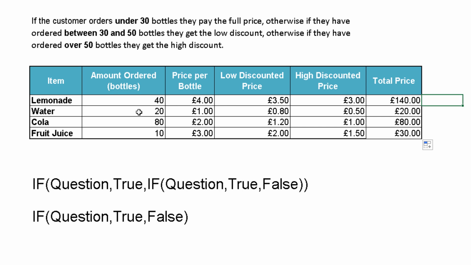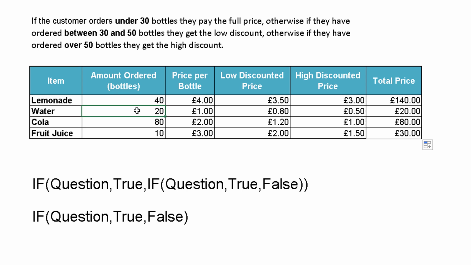And there's all of the prices. If we look at this, they've bought 20 bottles, which means they've bought less than 30. So we charge them £1 each. And here you can see it is £1 each, and that comes up to £20.